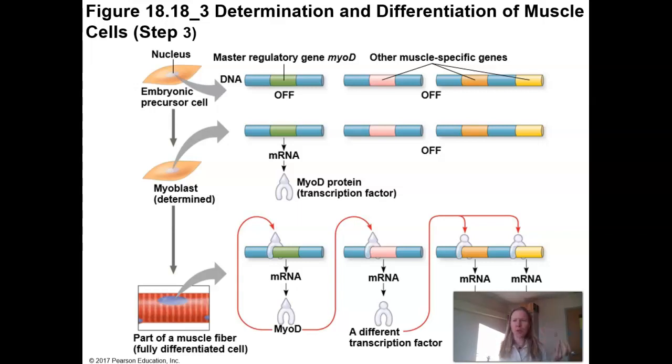So you're no longer a stem cell, you can't divide and become whatever you want. And so there are genes, right? Here's a master regulatory gene saying, okay, once this master regulatory gene is turned on, then we can express all these other genes that we need to be a muscle cell.